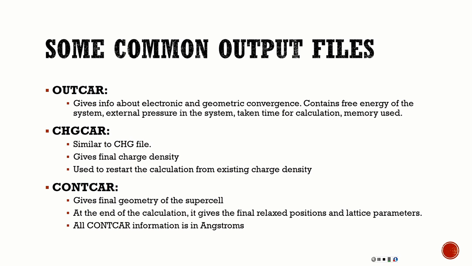I am going to discuss the major output files that we need for this course, or maybe for next projects, for density of state calculation, charge density calculation, this type of stuff.